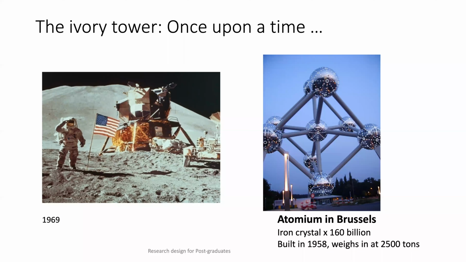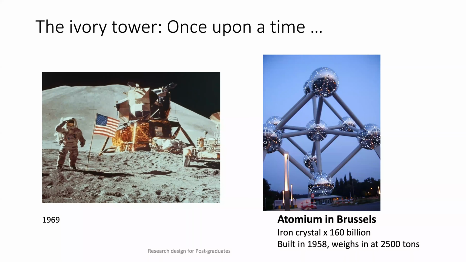Interestingly, there's a picture here on this slide of the so-called Atomium in Brussels in Europe, and it's a massive building that weighs about 2,500 tons, and it is a 160 billion times magnification of the iron crystal. Those were big days, because people had found some really exciting stuff.